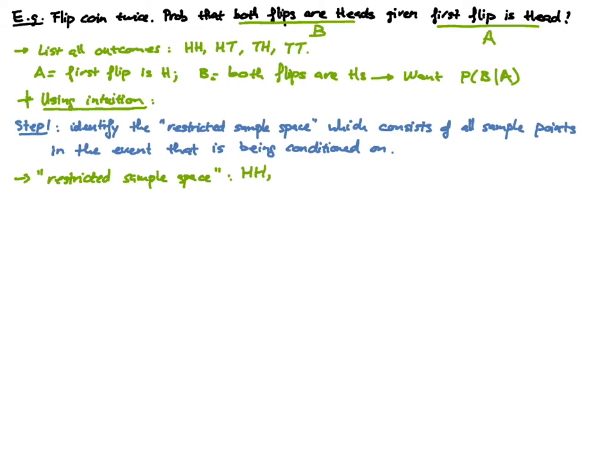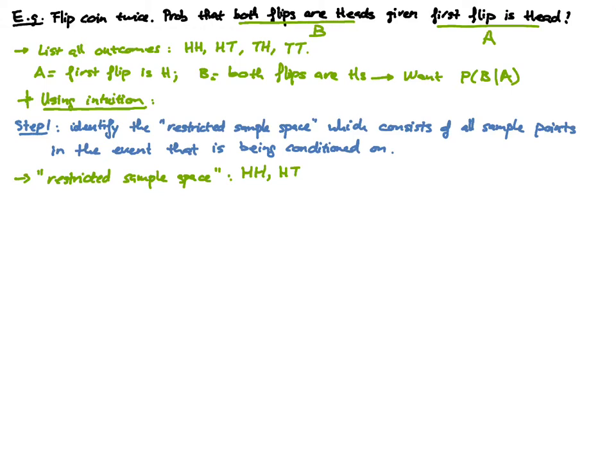So it belongs to the restricted sample space as well. The third outcome is tail-head. Is the first flip a head? No, it's not, right? So that one is out, and tail-tail is also out for the same reason. Okay. So in the restricted sample space, we have 2 outcomes, head-head and head-tail.